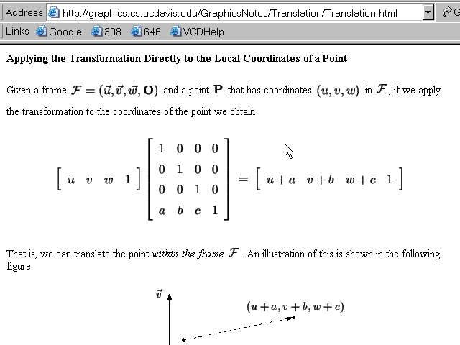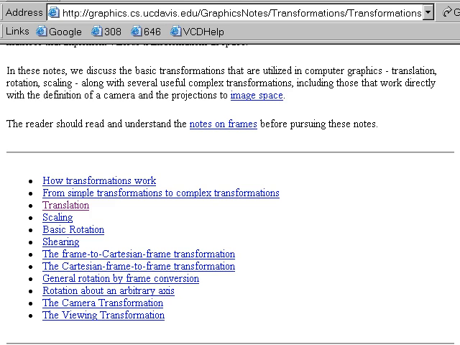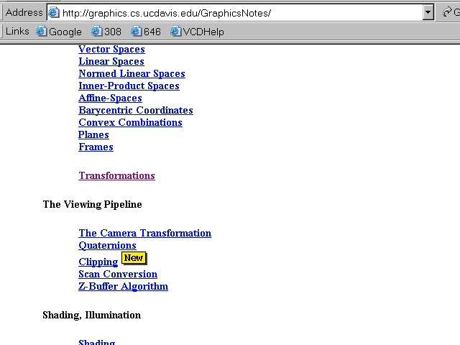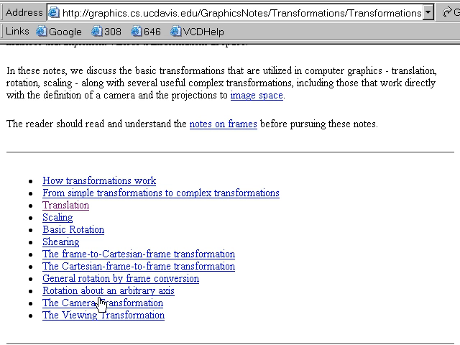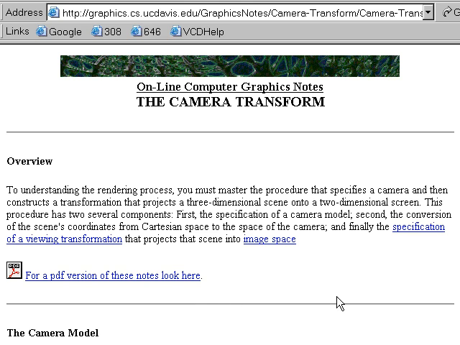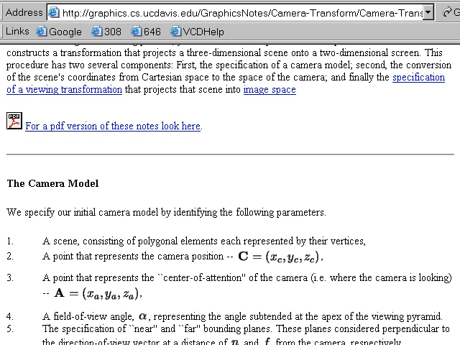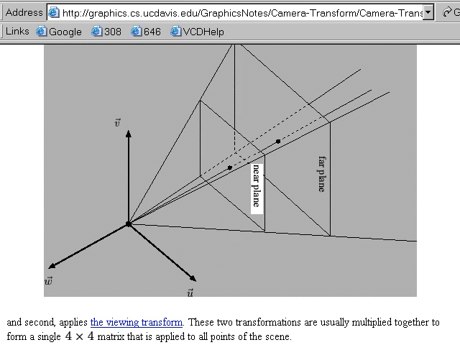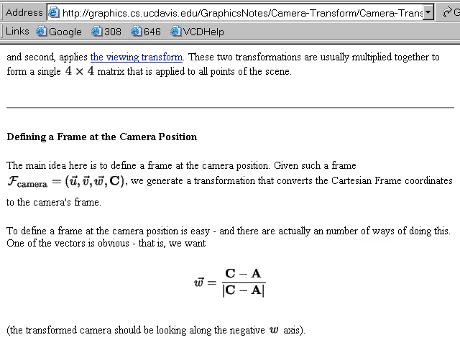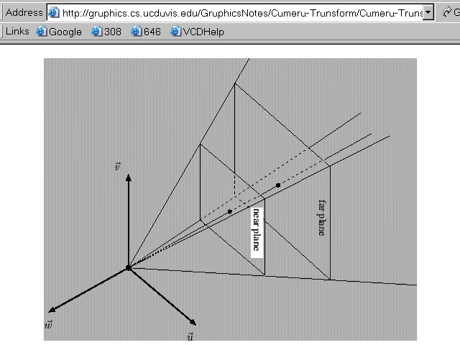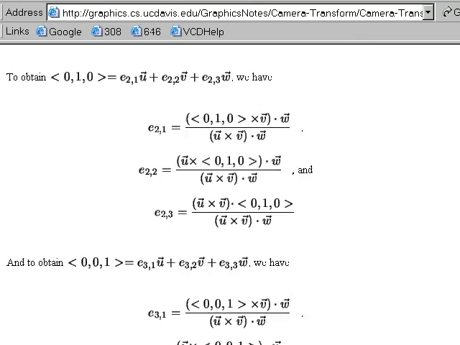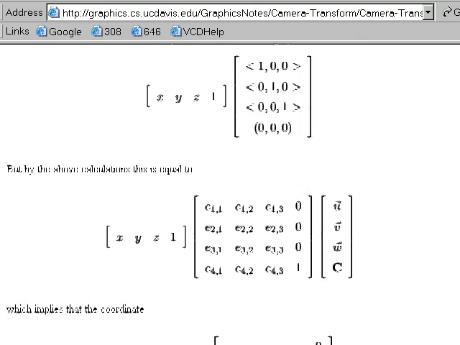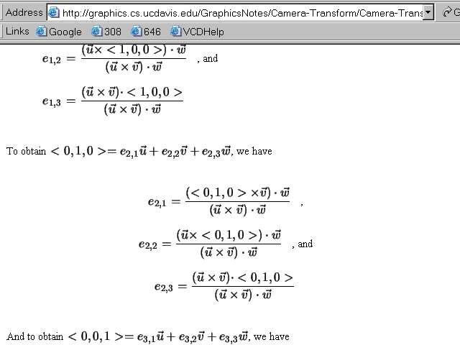So that's a translation. This also talks about camera transformations down here. And that's just a more general three-dimensional rotation here. And it has to do with where your cutting planes are, your clipping planes, your far plane and your near plane, and all this kind of stuff. So it just generates a 4x4 matrix.